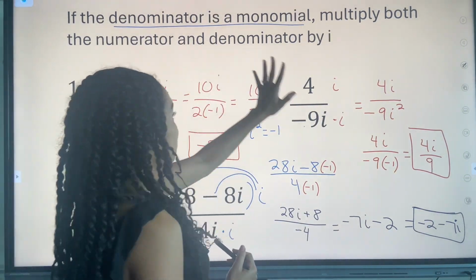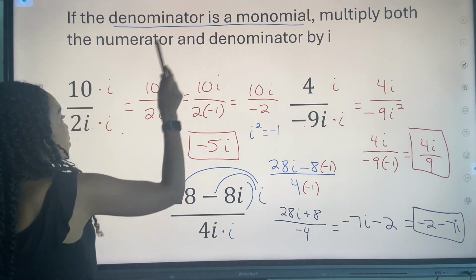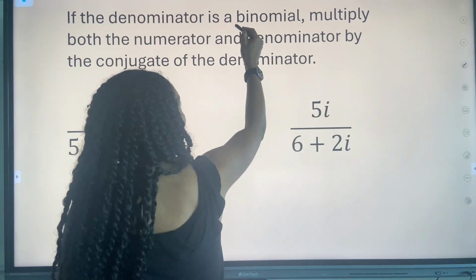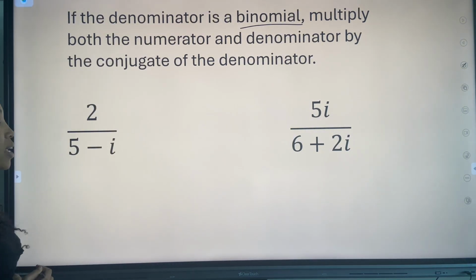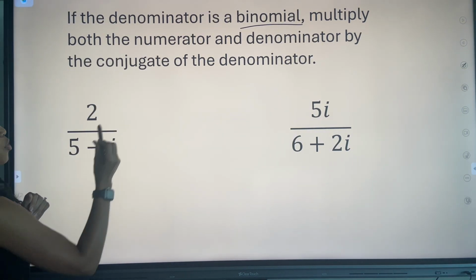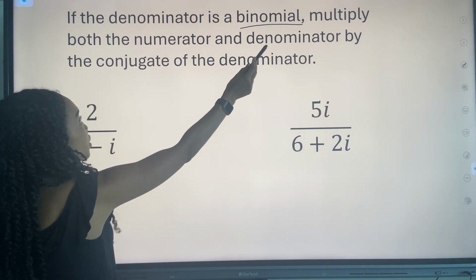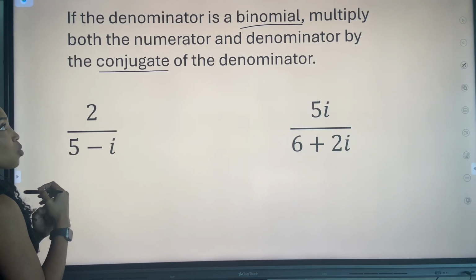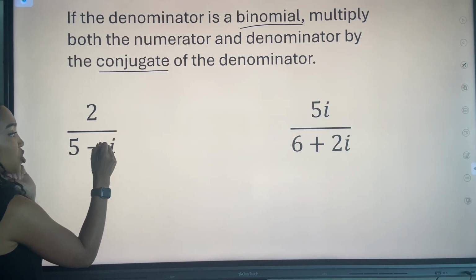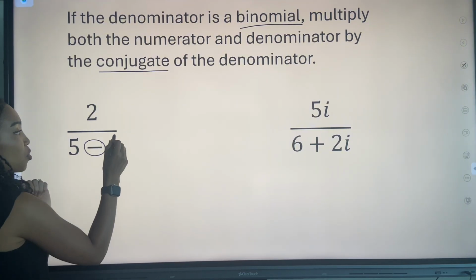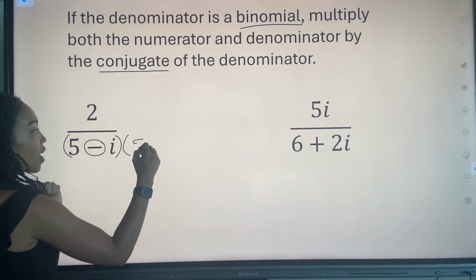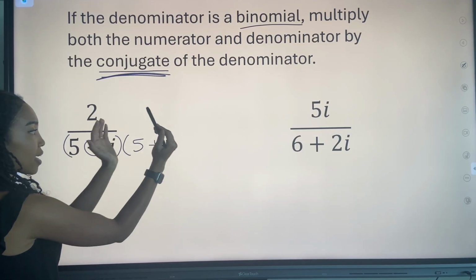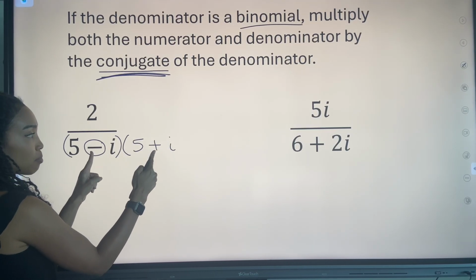Okay, so all of these examples had a monomial in the denominator. If you have a binomial in the denominator, then you're going to multiply both the numerator and the denominator by the conjugate of the denominator. So all the conjugate does is just change this symbol. So we're going to multiply by 5 plus i. The conjugate is the same exact thing, but the opposite symbol.